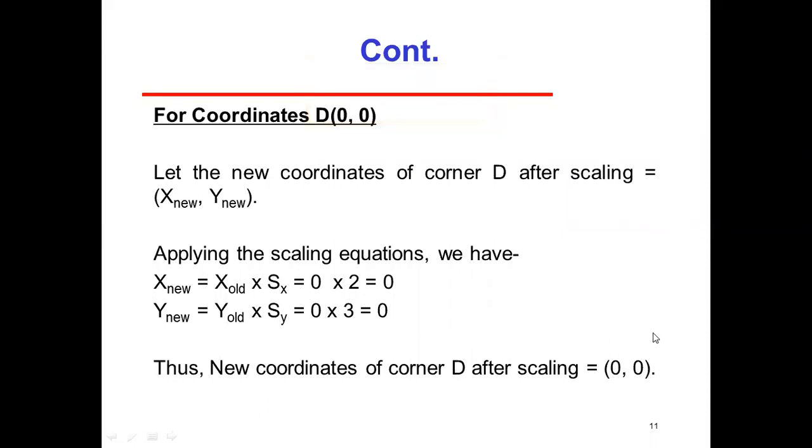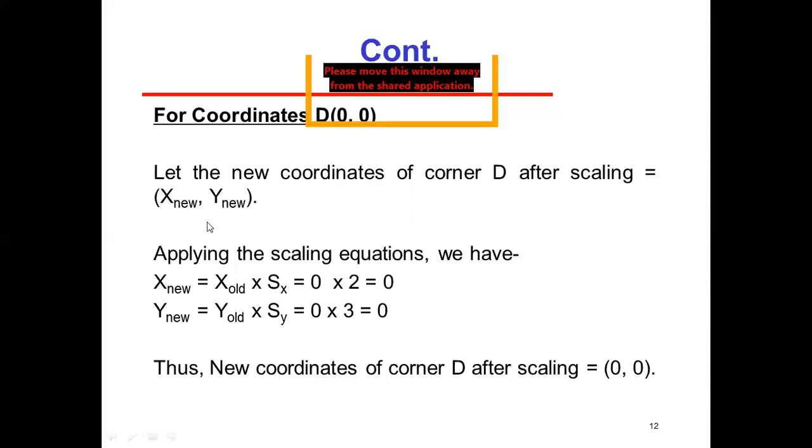Okay. So we have to calculate for coordinate D. D is given 0 comma 0. These are the initial points. Again, we can write x new comma y new, the final points for this particular vertex. Apply the same equations: x new equals x old into sx, y new is equal to y old into sy. Replace the initial coordinates here.